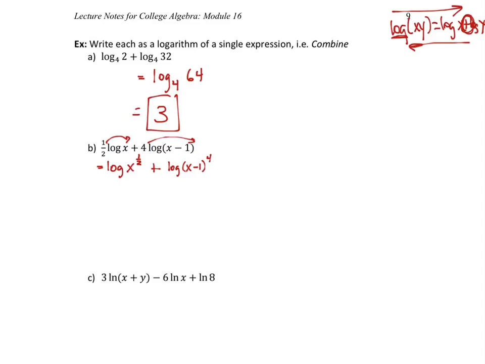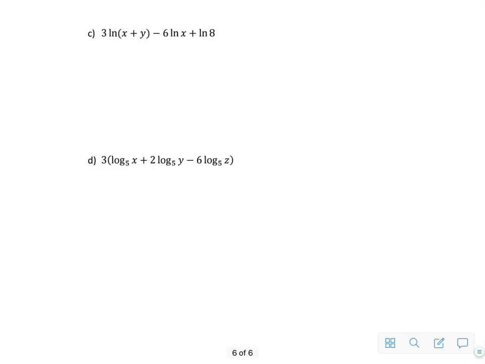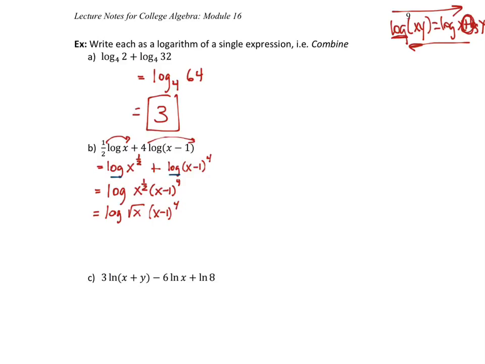Then I can take the product rule that says when I have a plus sign, I can multiply the insides of the log and write that as a single log, log of x to the 1/2 times x minus 1 to the 4th. Now I'm going to rewrite my x to the 1/2 as square root of x, although I don't have to. That is my final answer on that problem.